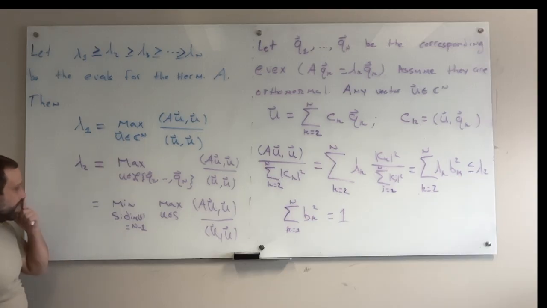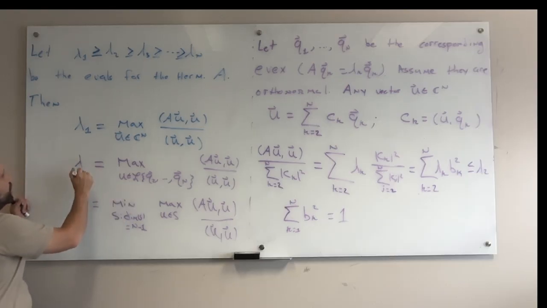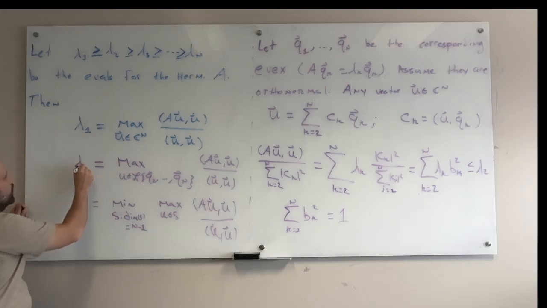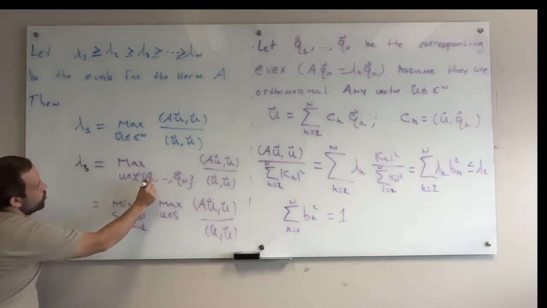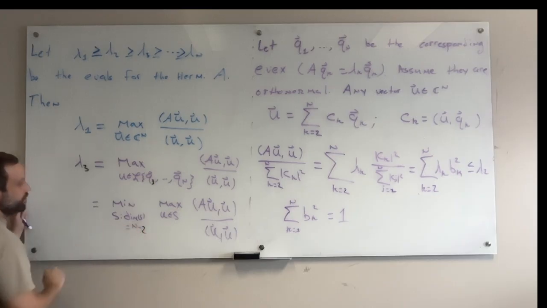Okay, so how would we compute lambda 3? Well, if we wanted lambda 3, let me change colors here, we would look at u in the span of Q3 through Qn, and then this would be n-2 dimensional.